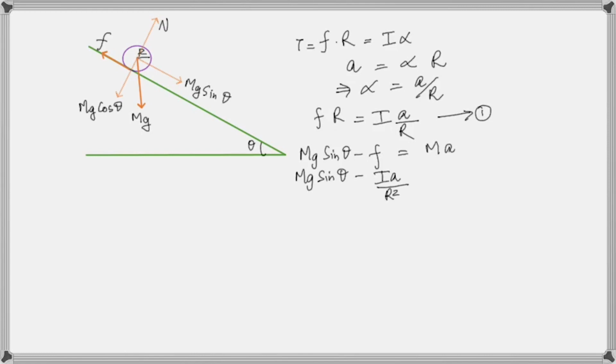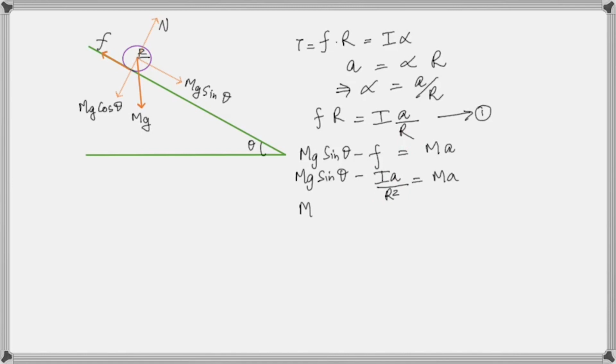We got the formula for friction from equation 1, which we substituted, because if you take this r to the other side, that's going to become r squared. That's why it's IA by r squared.